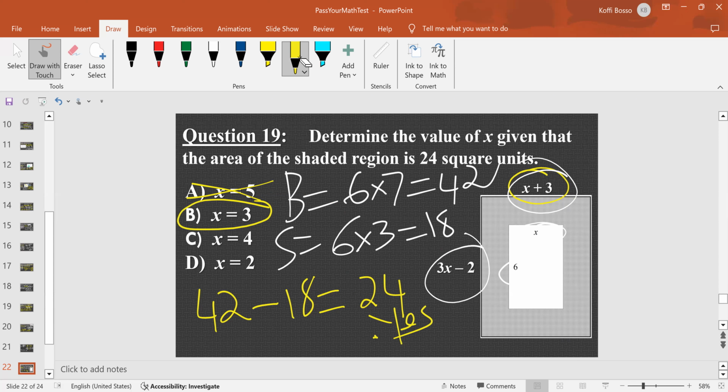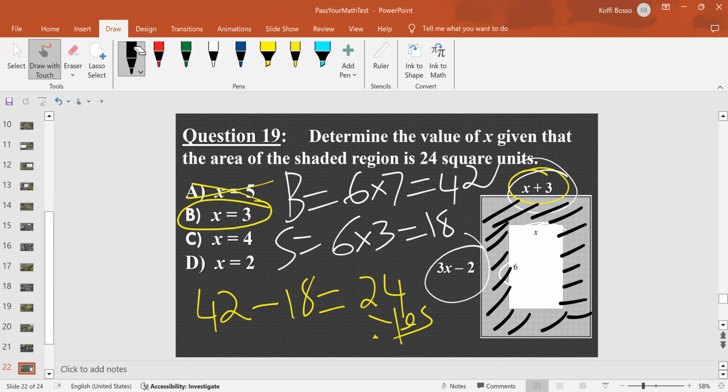So another way to re-explain this, given the shaded area, to check the correct choice, take the x value and replace x by the x value. Do the calculation for the big rectangle, do the calculation for the small rectangle, and take the difference to see if you get the shaded area, which is 24.